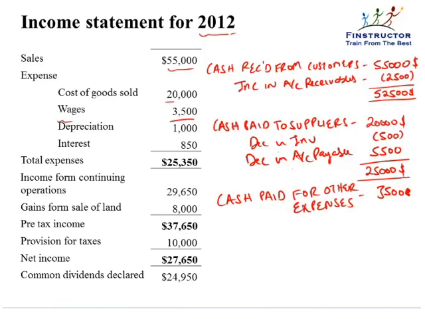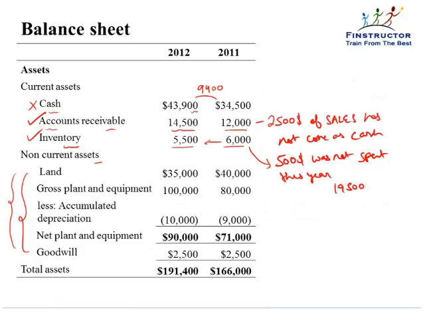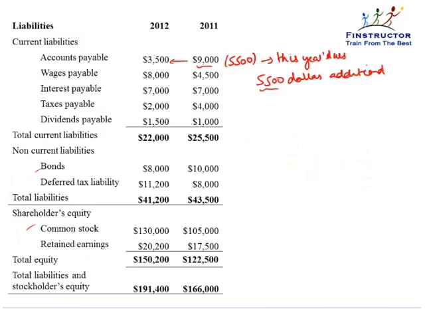Let's see if the balance sheet tells us anything new. So we've already covered all asset accounts, and the non-current assets don't matter for the cash flow from operations. On the liability side, we've already taken care of accounts payable. We see that wages payable have gone up by $3,500.